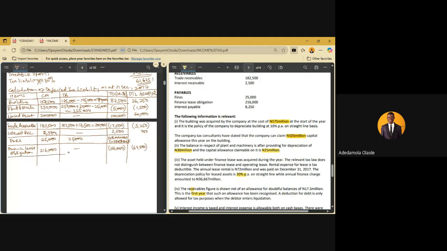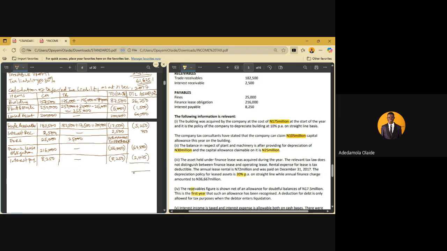Then after that, we also have interest payable. Interest payable, just like interest receivable, is not recognized for tax until it is paid. So the tax base will be nil. And as such, we will have a deductible temporary difference of 8,250. So that will give us a deferred tax asset of 2,475.